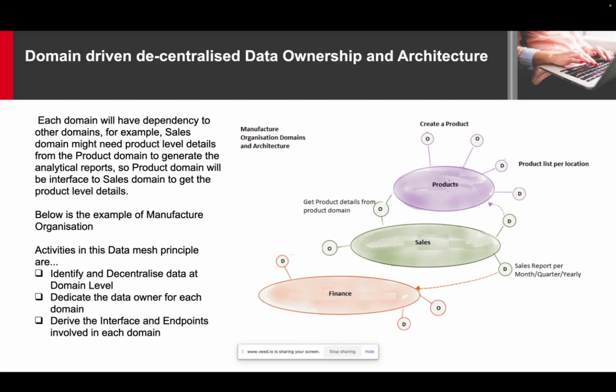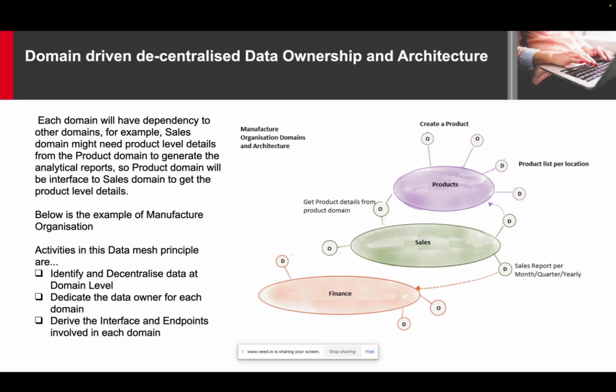This is called a dependency domain. So instead of joining the product domain and sales domain downstream to get the product name and all, we designed it in such a way that whatever required data from other dependency domains can be pulled as a source for the particular domain.